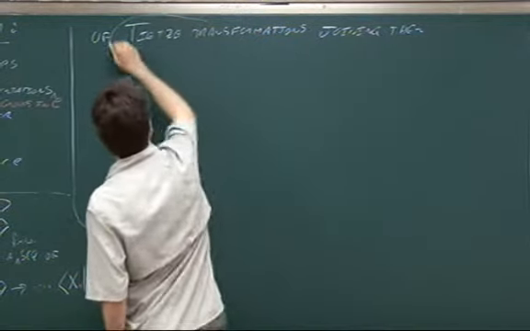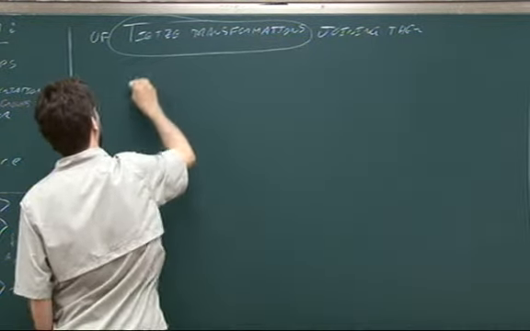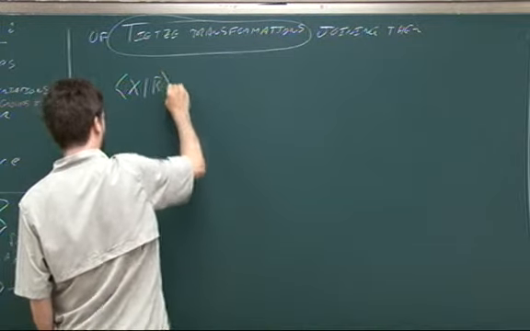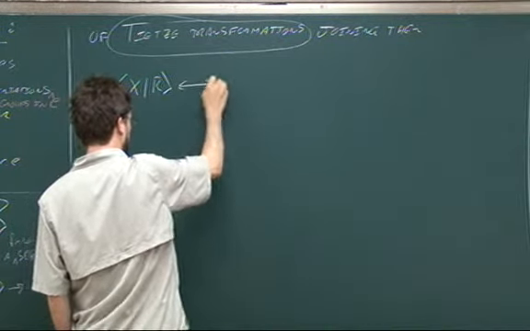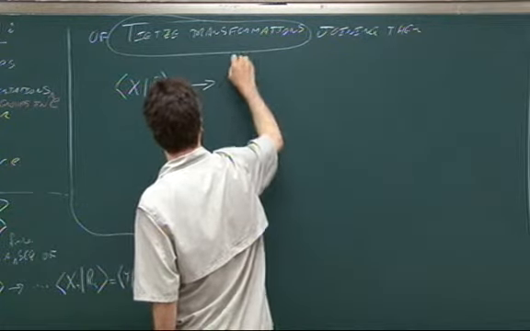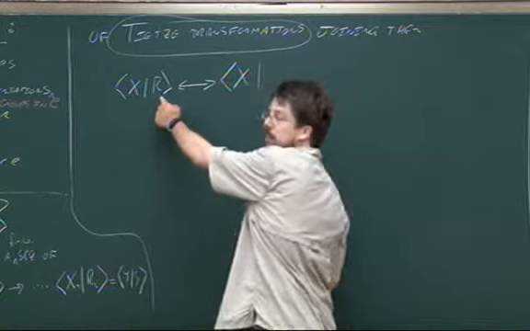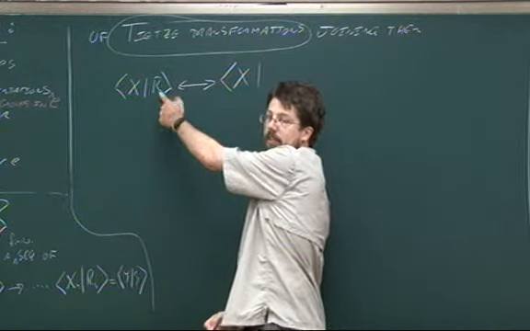Okay, and what are Tietze transformations? They're the simplest kind of things you can think of that get you a group which gives you the same presentation. So one thing I could do is add a relation that's a consequence of the old relations, right?